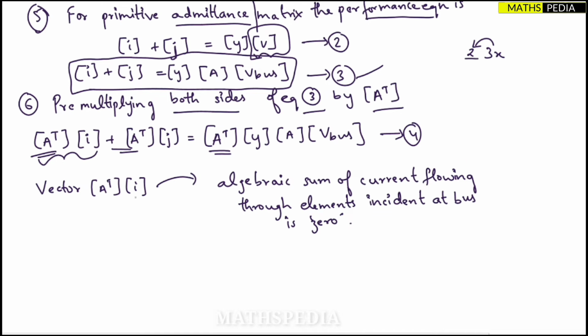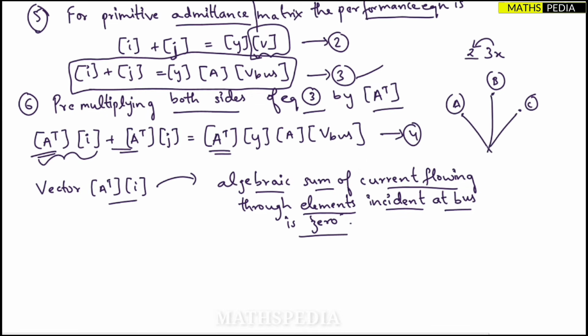Okay, so this matrix A transpose into I is nothing but the algebraic sum of current flowing through elements incident at the bus. This is nothing but 0. So the algebraic sum of current flowing through that bus. For example, if we had considered 3 buses, bus B, bus A, bus C, correct? 3 buses, all grounded.